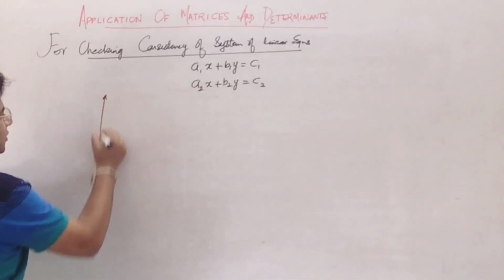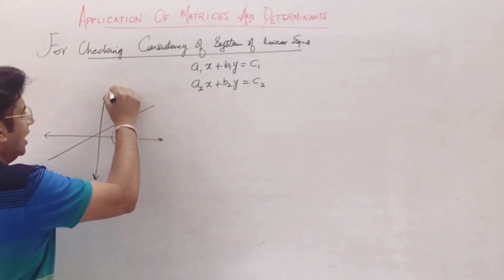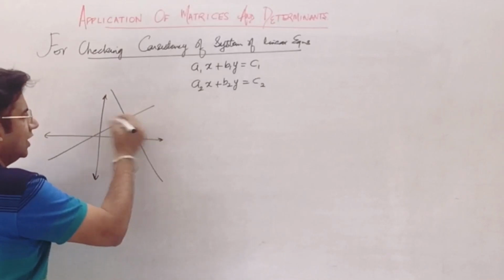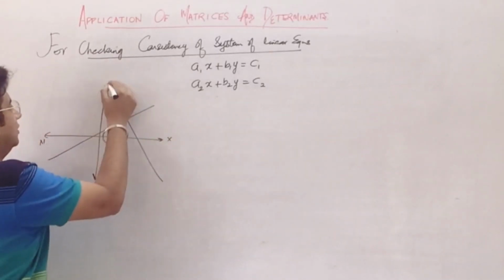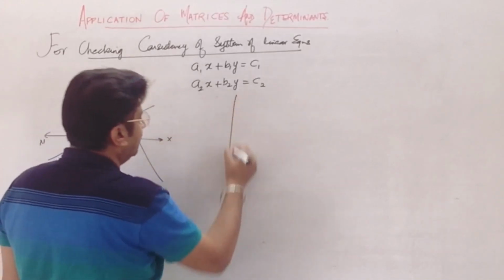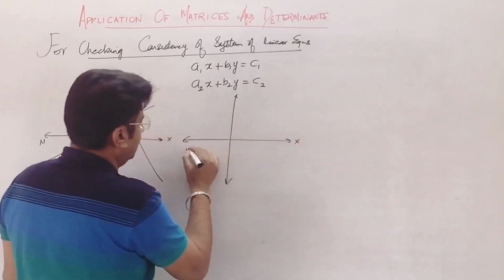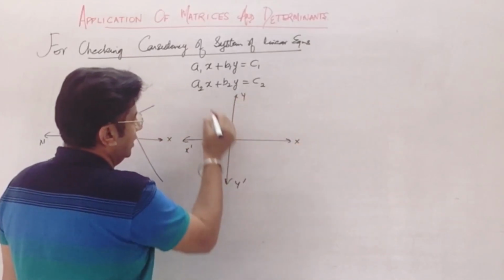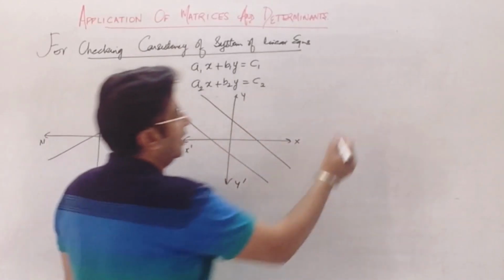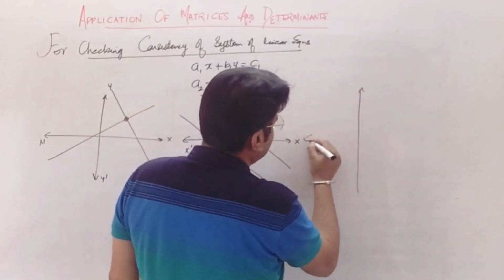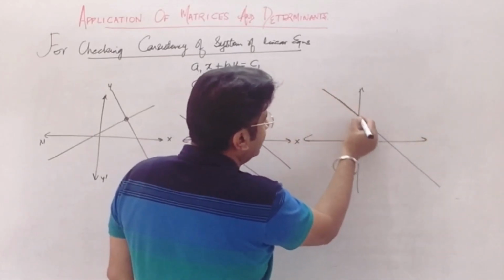If you plot two lines, either these two lines will intersect, or secondly, two lines may be parallel, and lastly, the two lines coincide with each other.